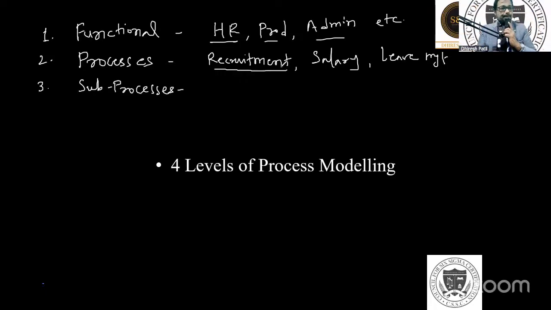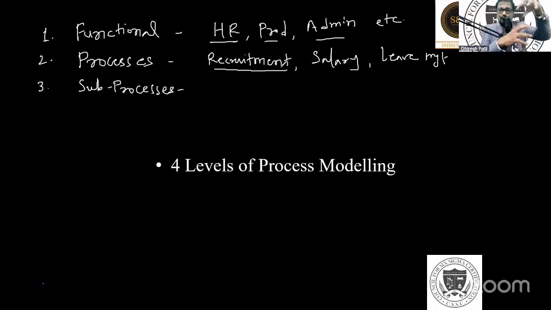For example, first of all, making the job description. Okay? Wow. Thank you, Mr. Sebastian. You've made it so nice. Recruitment, employee onboarding, salary processing, training. Fantastic. So, sub-process meaning let's open the box of recruitment.